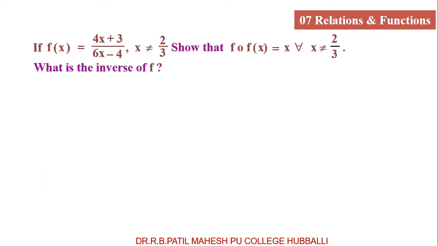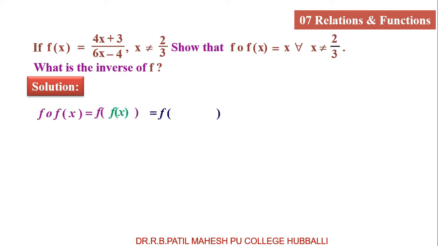taking one more example: if f of x is equal to (4x plus 3) upon (6x minus 4), x is not 2 by 3, show that f composition f of x is equal to x. Then what is the inverse of f? Dear students, f composition f, the definition says f of f of x. So replace f of x here, given f of x is (4x plus 3) upon (6x minus 4).